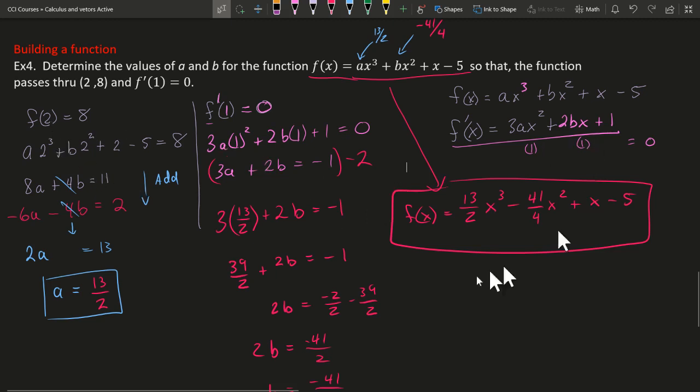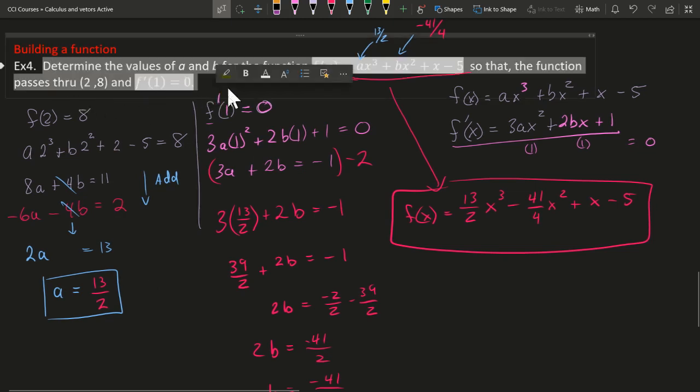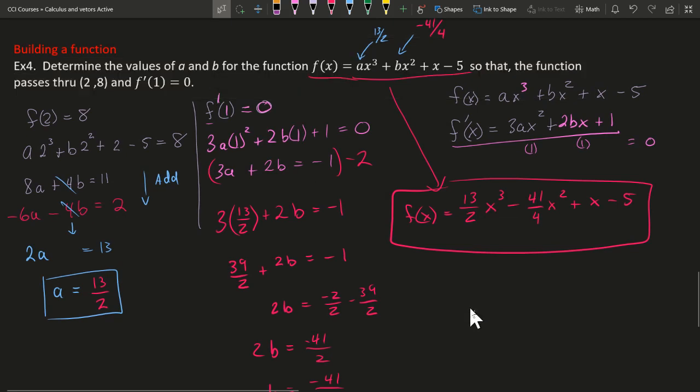So this is a good exercise for you guys at this stage, and these type of questions guaranteed will show up on the test. So make sure you're able to do all of this stuff, okay, from start to finish.